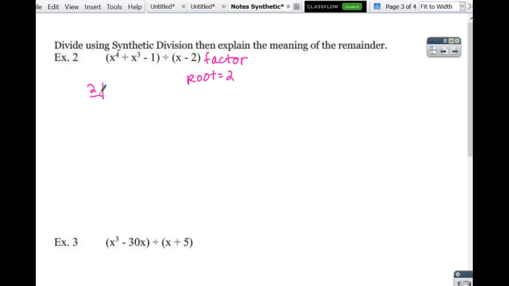When I fill this in, I have to fill in for what's missing. So I get a 1, a 1, a 0, 0, and negative 1. Bring down the 1. 1 times 2 is 2. When I add, I get 3. 2 times 3 is 6. Add, I get 6. Then 12.